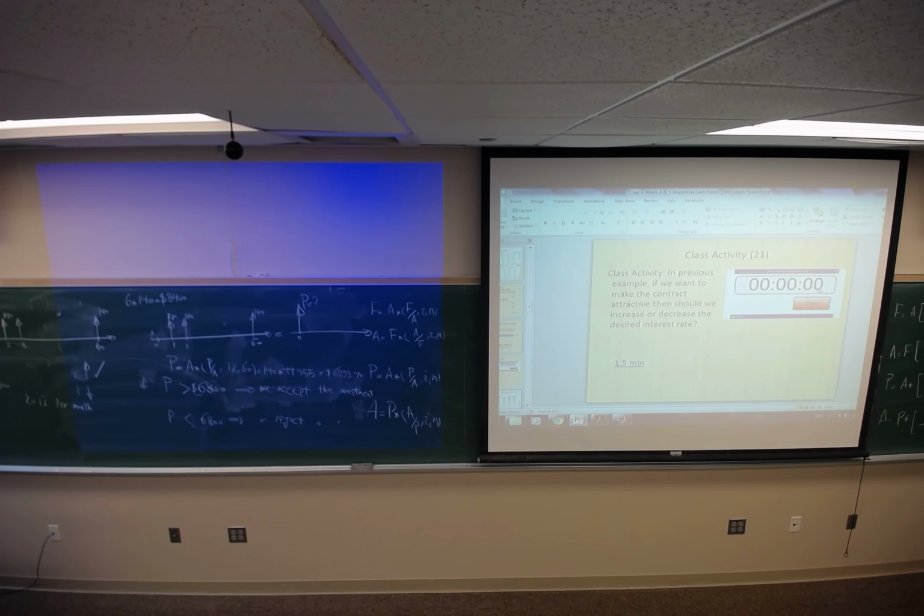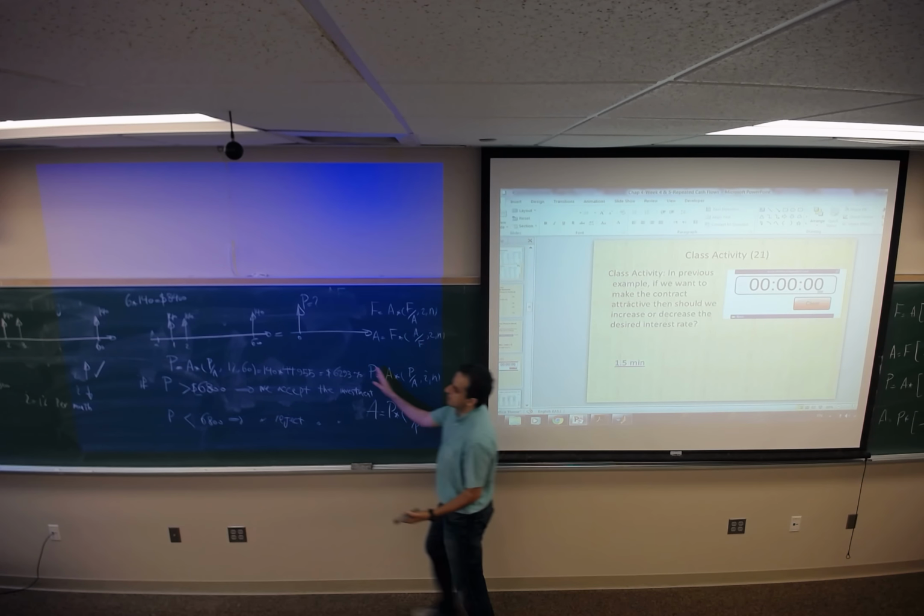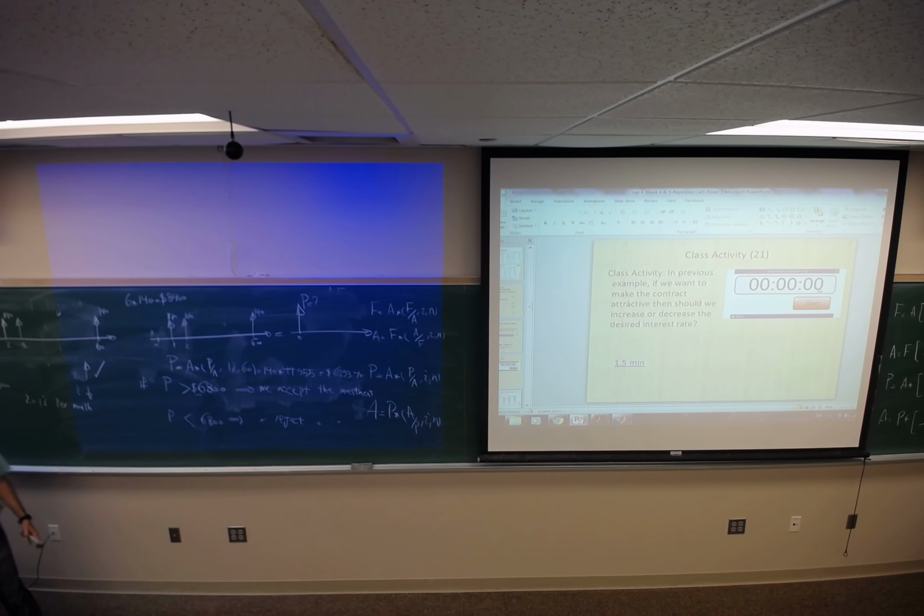By increasing your desired interest rate, you are gonna discount the future payments. So by increasing this, we discount the future payments heavier than before.